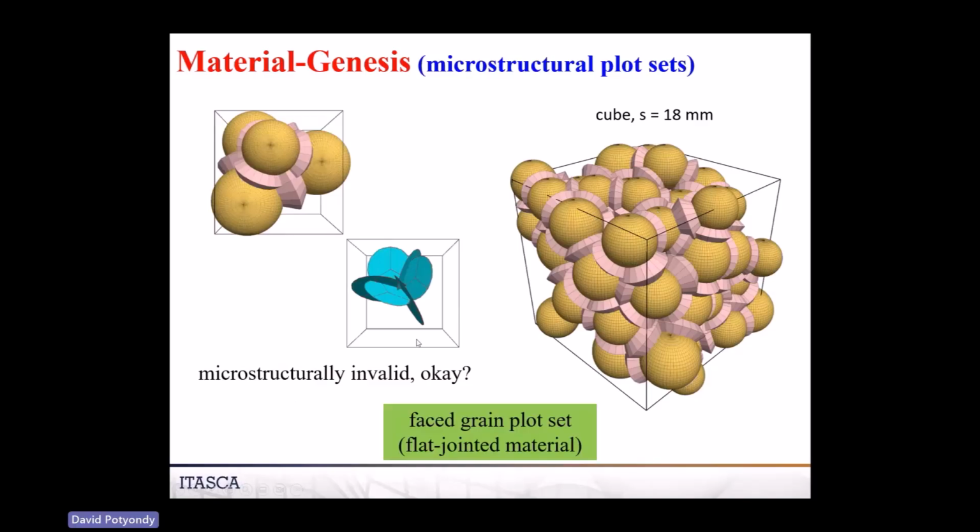This is, I call this microstructurally invalid, meaning that you couldn't actually construct this system. Because you can't have interfaces of material overlapping each other. It doesn't make any physical sense. Okay. But the model doesn't know about that. It's just going to happily use that and go on with life.